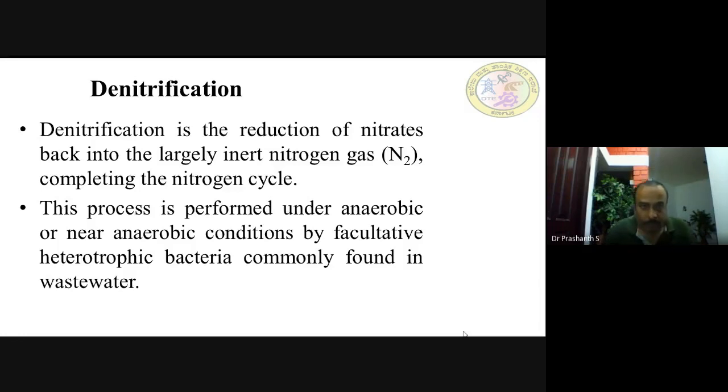The denitrification process is again a bacterial activity. The nitrates are converted into nitrogen gas. This process is performed under anaerobic conditions by facultative heterotrophic bacteria commonly found in wastewater.